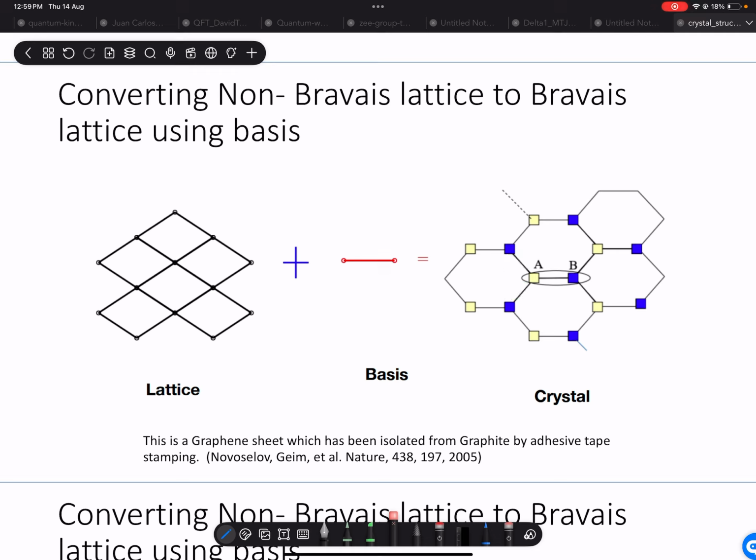How? We just say, okay, A and B are combined as one unit and they form the basis. You see, they form the basis, and this is the underlying Bravais lattice, and that is it basically, right? And this hexagonal structure is shared by graphene. Graphene has this nice hexagonal structure in 2D.